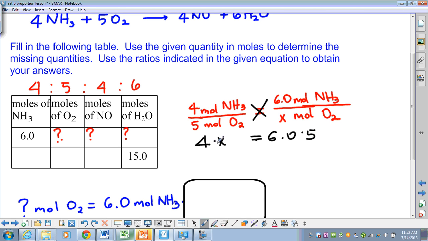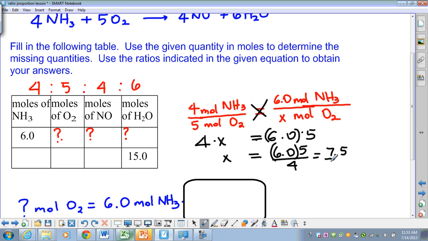To solve for x, since it's being multiplied by 4, divide both sides by 4. So x will be 6.0 multiplied by 5 divided by 4. Here we're getting 30 divided by 4, and the answer is 7.5.